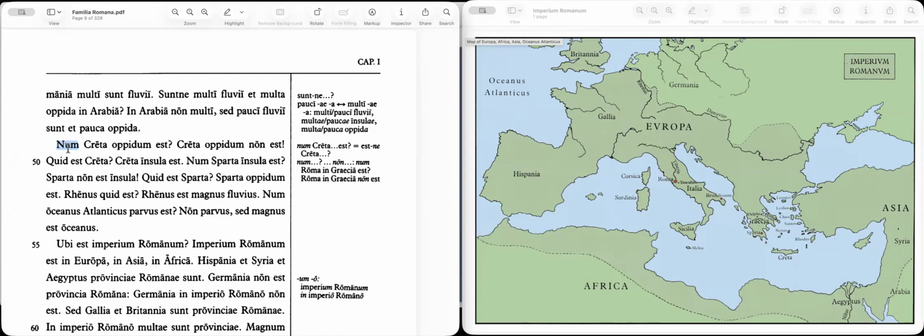The way I've been thinking of it is like surely not. Like surely Creta is not a city. That'll work. Like surely not. But over on the side where it says num Creta est question mark equals est ne, I get that it's trying to say that it's a question, but that's where I came up with the not part.